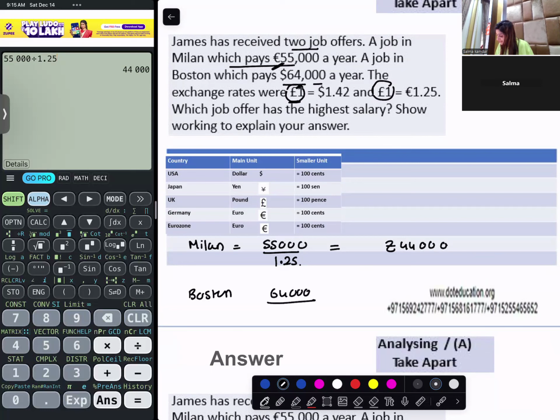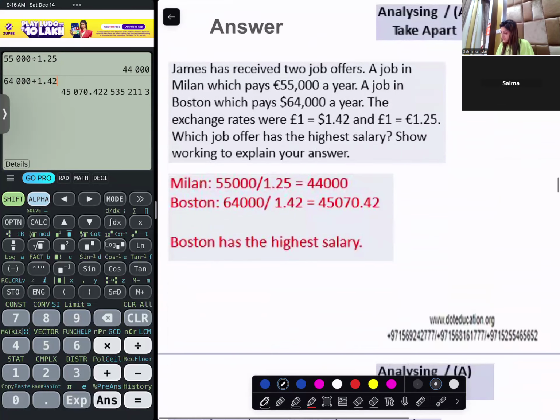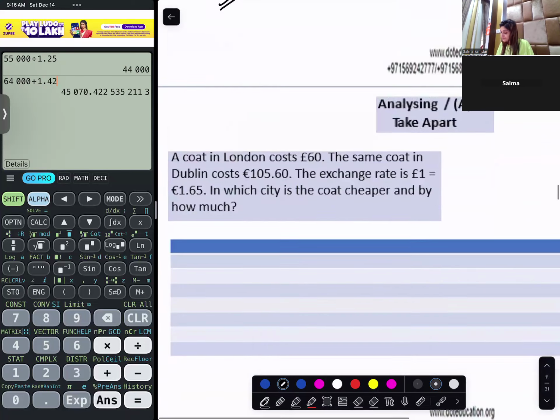You will divide it by $1.42. So it is going to give him approximately 45,070.42 pounds. Which job offer has the highest salary? The job in Boston has the highest salary, and this is our working.